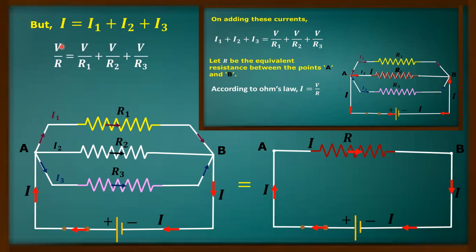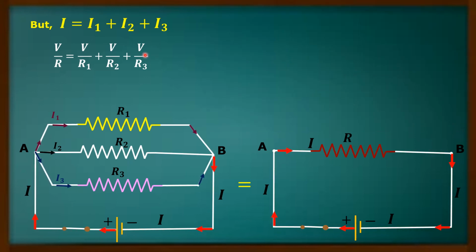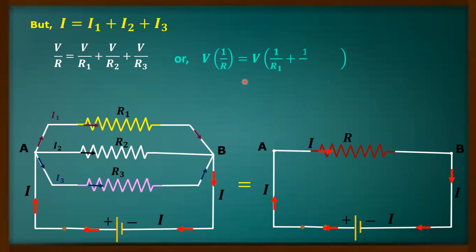We get V by R for I, and for I1 plus I2 plus I3, the sum of the currents, we got V by R1 plus V by R2 plus V by R3. Okay, so this equation can also be written as, taking V as common, V into 1 by R is equal to V into 1 by R1 plus 1 by R2 plus 1 by R3.